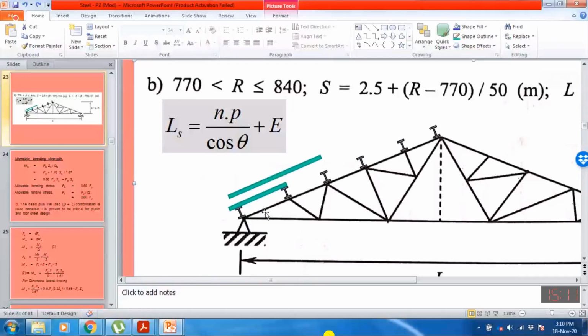So we are computing the length of the sheet required between one panel point, which means I have to use the n value equal to 1. If I compute this value and the answer comes out to be 1.5 meters, the maximum length available is 4 meters, so I will check how much length is required.